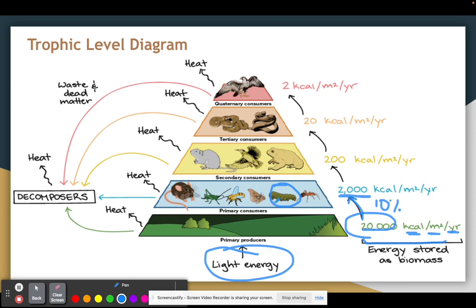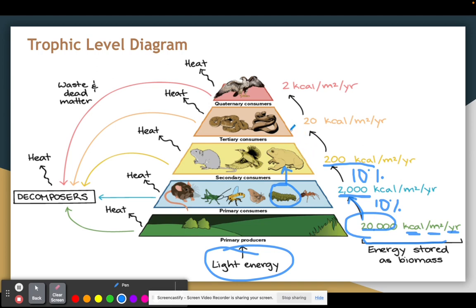And what is saved and stored up inside of its body, when the toad here eats the caterpillar, there's only 10% of that can be transferred to the frog. So once again, if you move the decimal place one spot, there's only 200 kilocalories that these organisms are going to give to the secondary consumers. So they will use that energy up, they'll store their biomass.